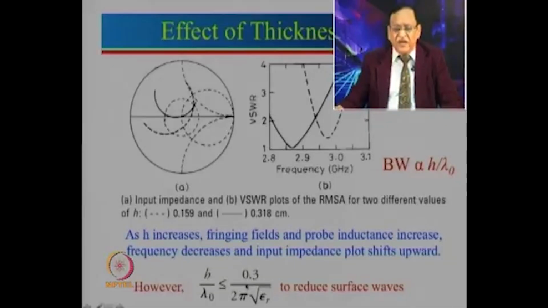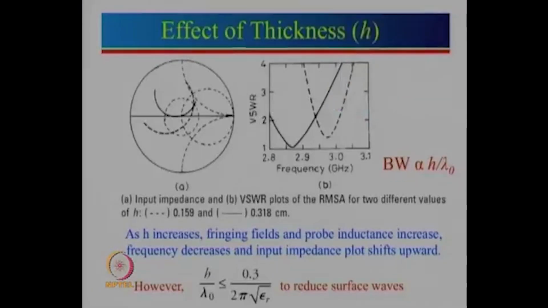And what this criteria really tells us, let us see. Typically, suppose epsilon r is equal to 1, what is this number? 0.3 divided by approximately 2 into 3. That will be about 0.05, and if epsilon r is say 2 or 3, then this value should be smaller than that. So, this puts the restriction: to reduce the surface wave, we need to reduce the height h.